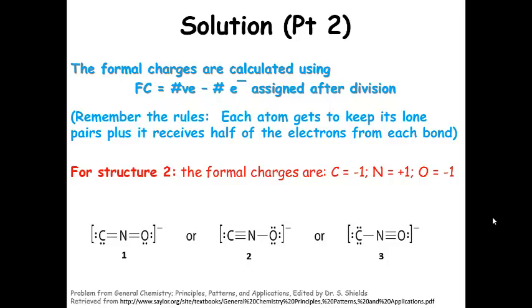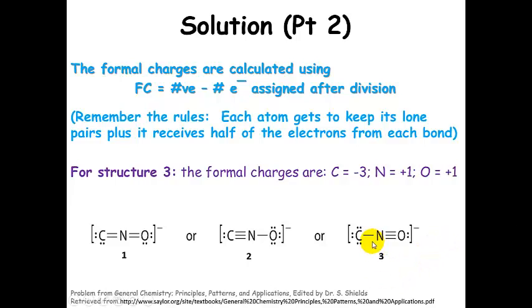And oxygen has 6 electrons in the division from the lone pairs, 1 from the bond, that's 7. Oxygen has 6 valence electrons minus 7 electrons assigned after division, so it comes out to -1. Let's do the same thing for structure 3.